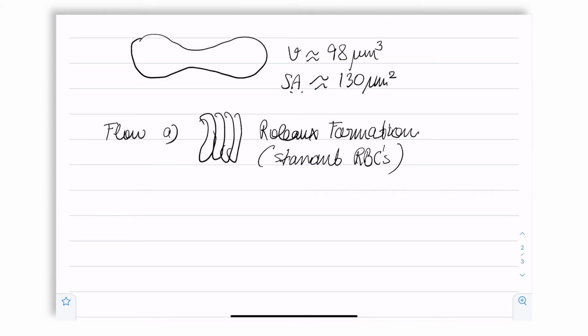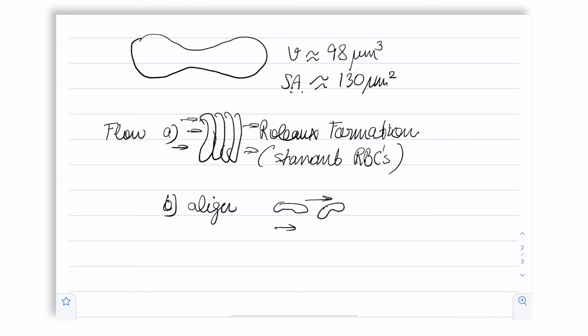The alternative is that they align in the direction of the flow. So if this is the flow direction, then the RBC is approximately aligned to the flow.